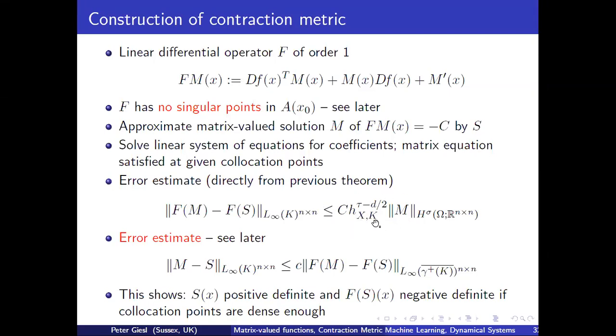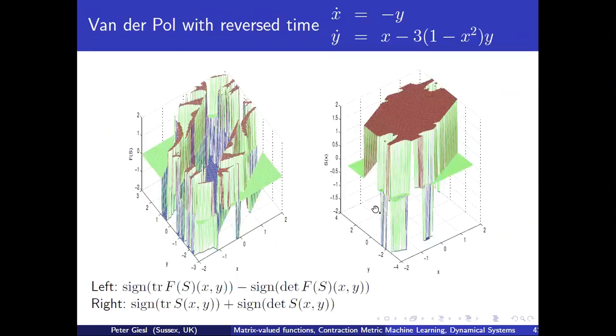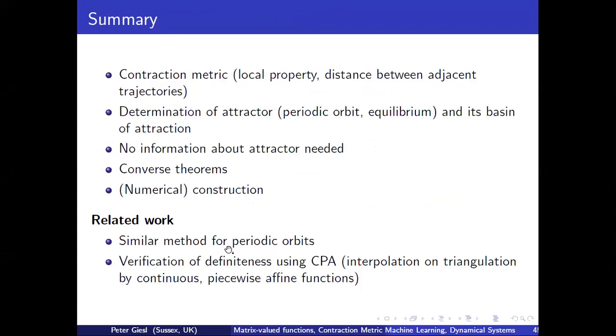To have more quantitative error estimates, we have developed a verification method to really verify the definiteness. We're using the CPA method that I spoke of earlier, but just as a verification. Earlier I said you can use this method also to find a contraction metric. Here we're using it to check whether the metric we found here is valid. The idea is actually the same as finding one.